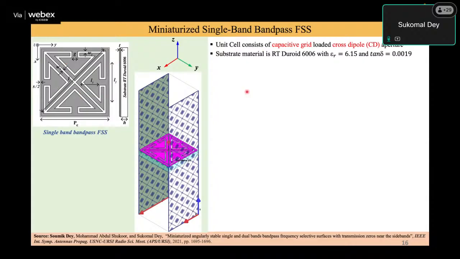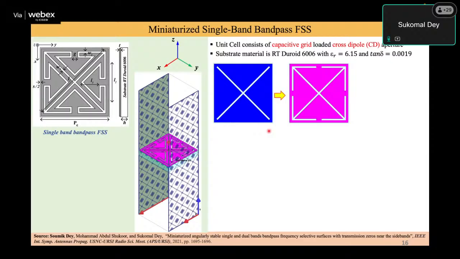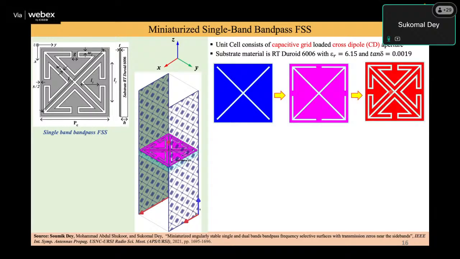First of all, we are trying to get the FSS with a capacitive grid, and we have taken the substrate as RT/duroid. Now we are playing with a cross, where wherever there is white, there is no metal. Blue is metal. After that, we are making an arrow type of shape to add more capacitance to it. Then we are playing with the structure to give more inductance.